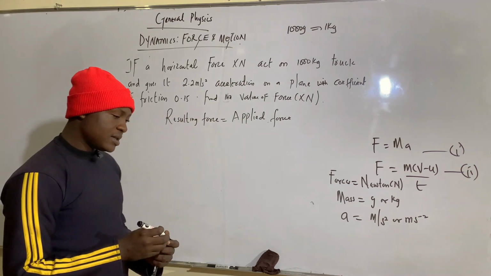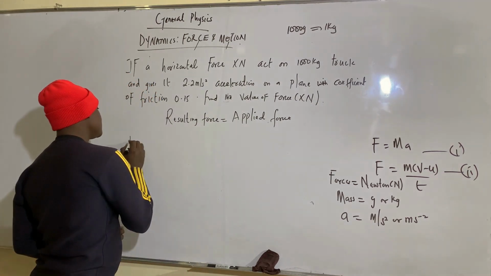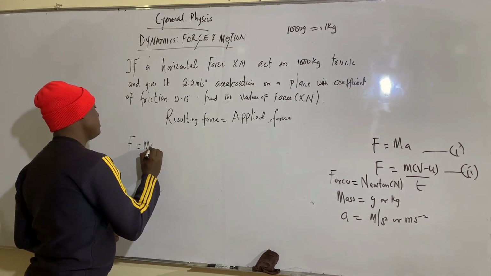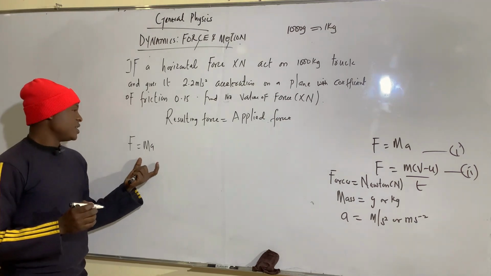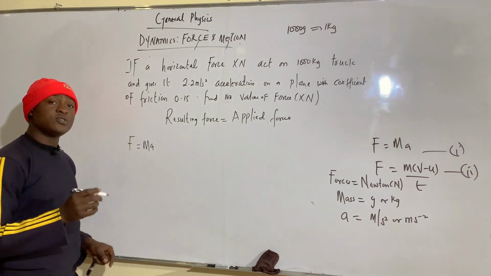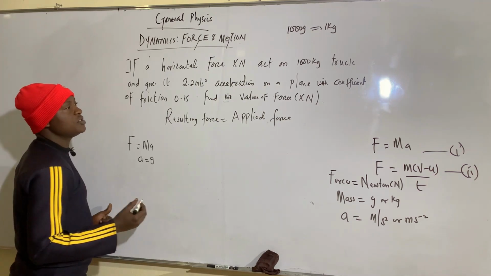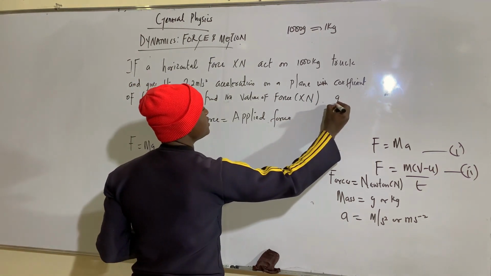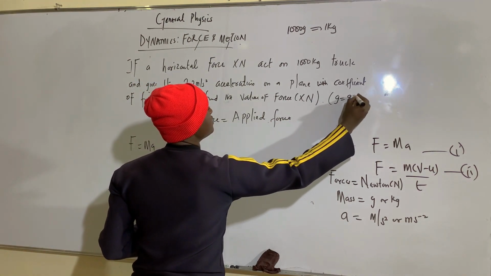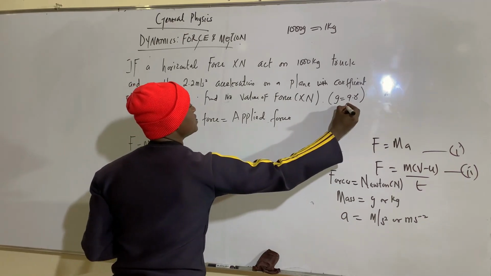Recall that we said force is equal to ma. Do you remember this? We derived it the other time from Newton's second law of motion. So in substitution, a can be equal to g. Let's say we are asked to take g to be 9.8 meters per second squared.